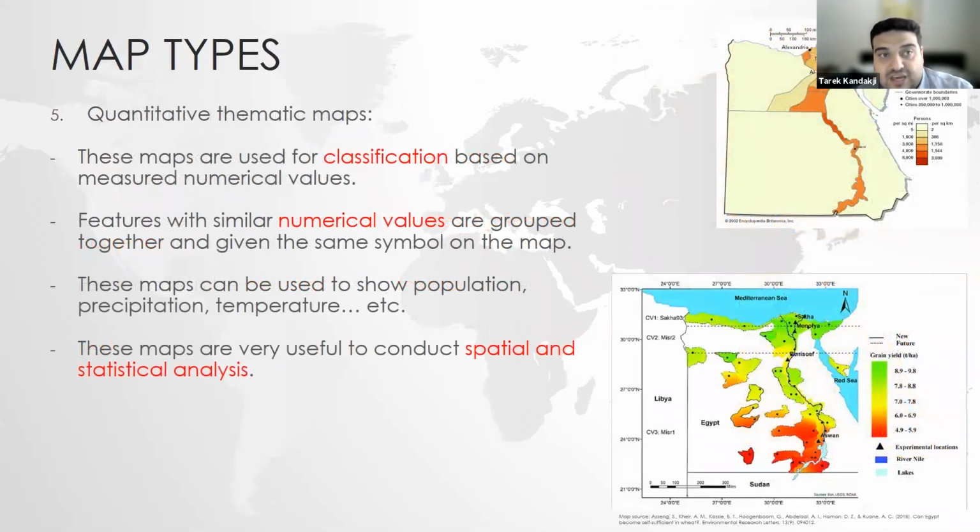Now, the other type of thematic maps is the quantitative thematic maps. These maps are used for classification based on measured numerical values. It has a value, not only a category. Features with similar numerical values are grouped together and given the same symbol on a map.